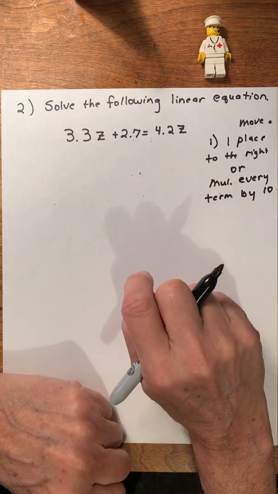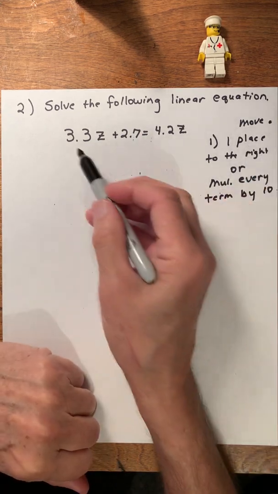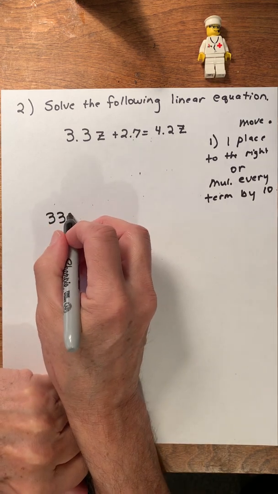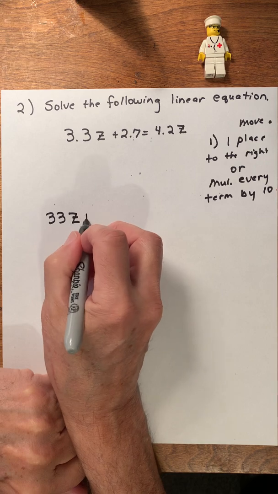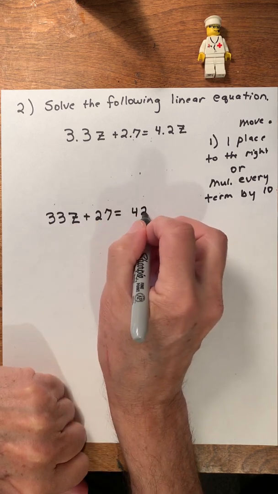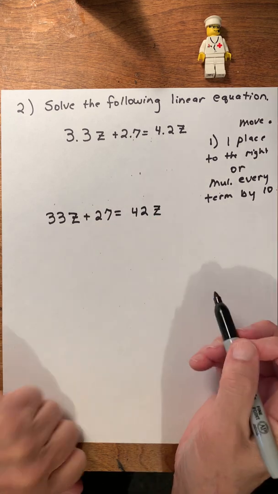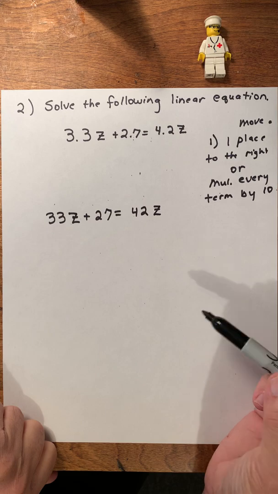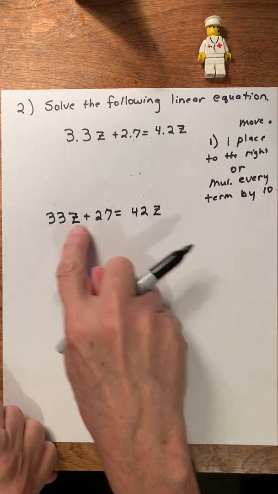Multiply by 1,000. So I'm going to move every decimal place one move to the right, and I'll have a more conventional, still the same equation, but it's in a more conventional form, all whole numbers. Hey, I got z's on both sides.